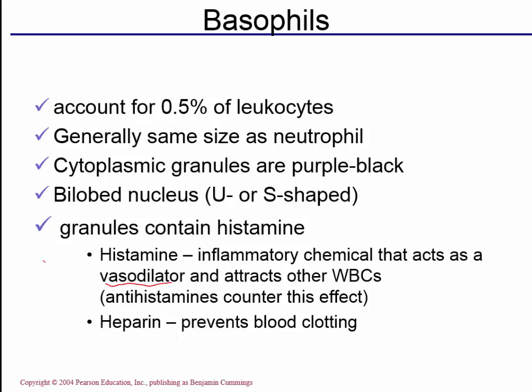You'll remember that means it increases the diameter of the blood vessel. If it increases the diameter of the blood vessel, blood flows in, and as it flows in, a lot of the fluid in the blood leaks out into the surrounding tissues, and that's what causes the inflammation. Histamine also attracts other white blood cells. The other chemical found in the granules is heparin, which prevents blood clotting.